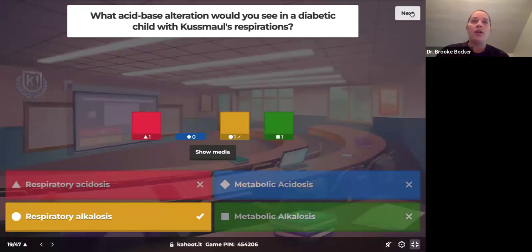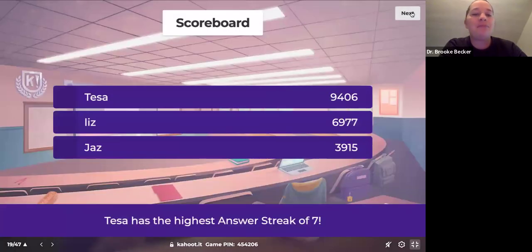So that's making their body more alkaline with their breathing. Okay. So they're breathing off the CO2, which is causing them to be more alkalotic or basic, right? Good.